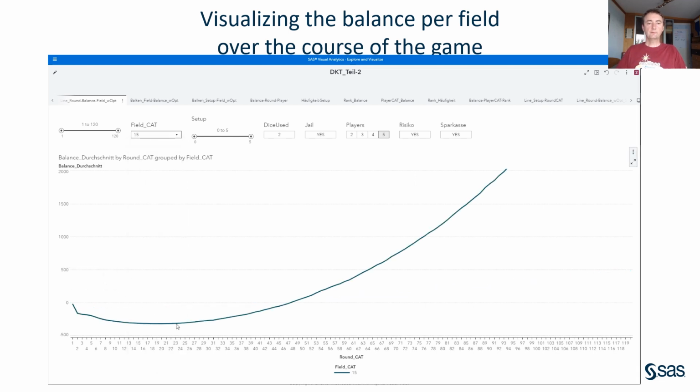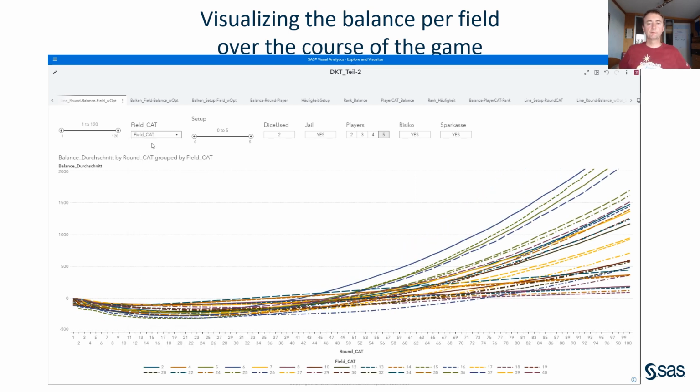This is different for field number 15, which is a very expensive property. You get deeper into the negative area, however you get higher up in the positive area, so there is more risk attached with property number 15 because you have to recapitalize the risk.